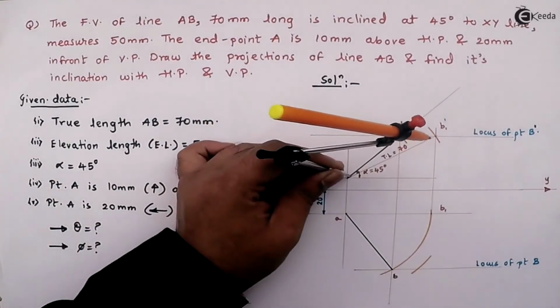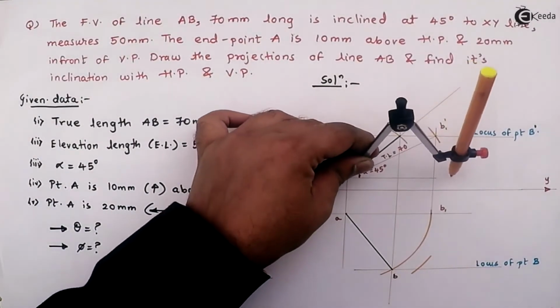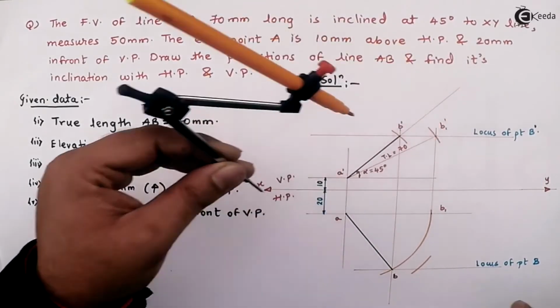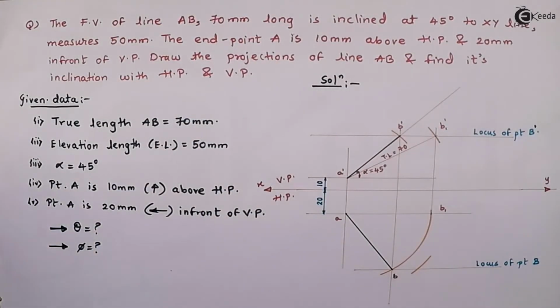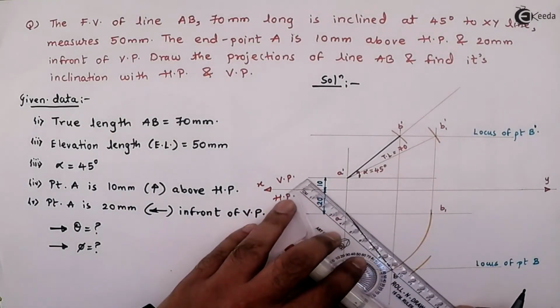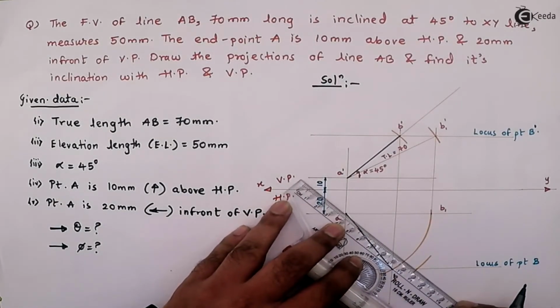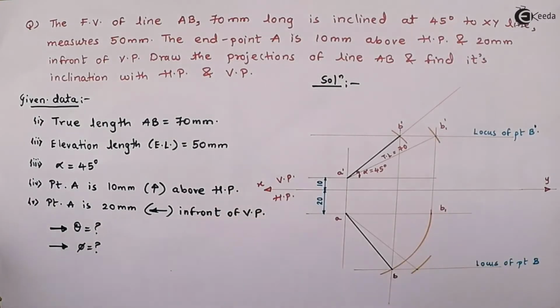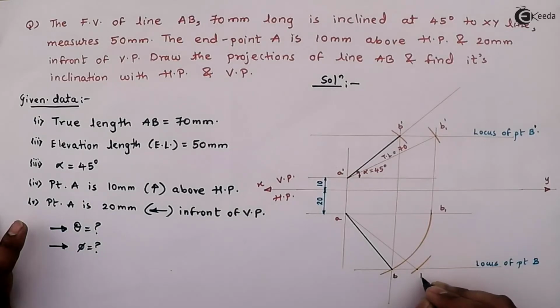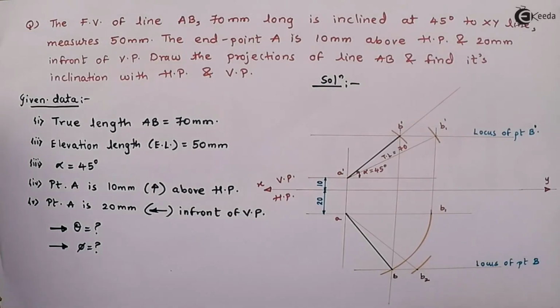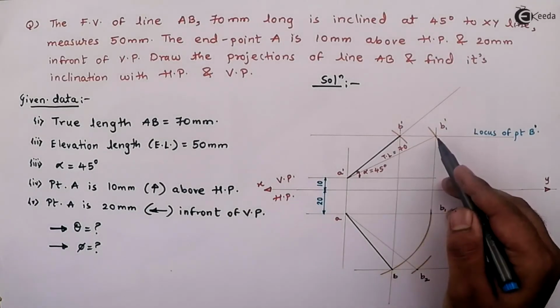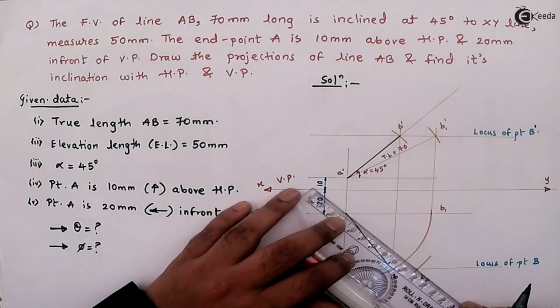In other words I could have even got it by drawing an arc here and projecting it down. Now this is the intersection point, joining it. I'll say this is point B2. Then A dash B dash and AB2 should be medium dark.